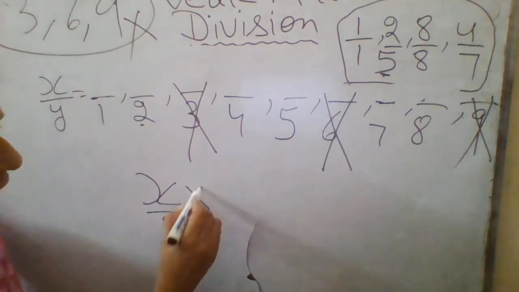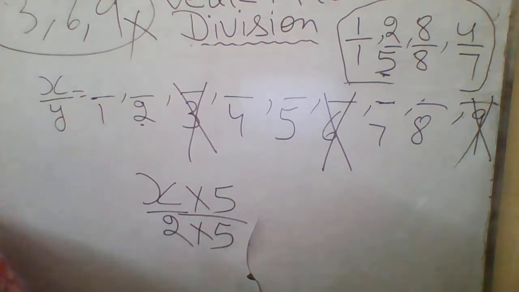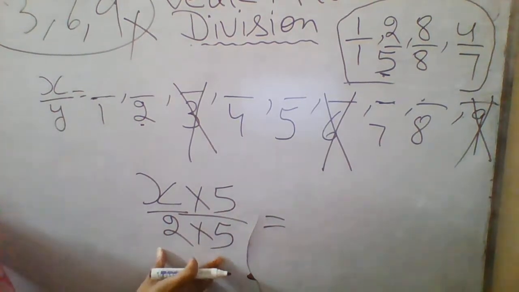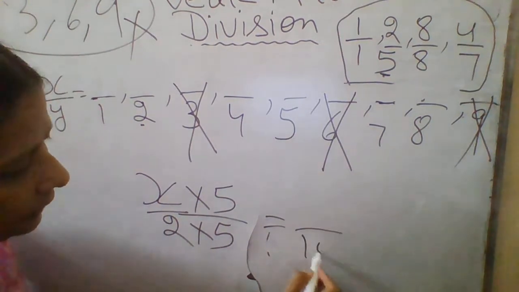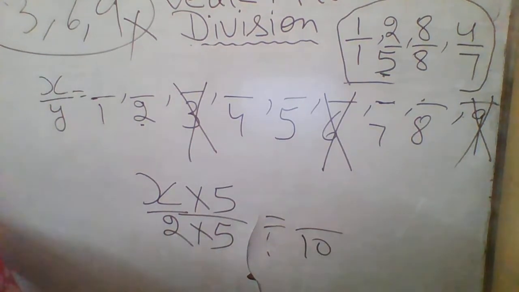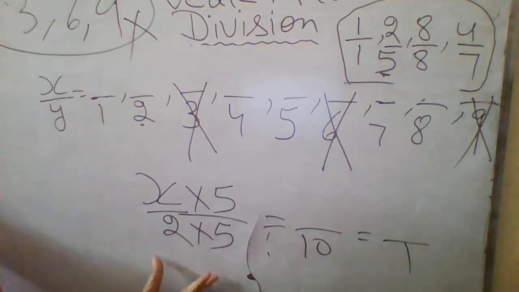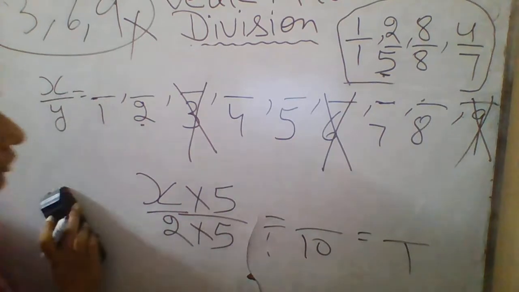If you multiply the numerator and denominator by 5, here you will get 10. So what will be the digital root of 10? That will be equal to 1. And if you divide any number by 1, that will not make any difference. So in this method you have to convert the denominator into 1.